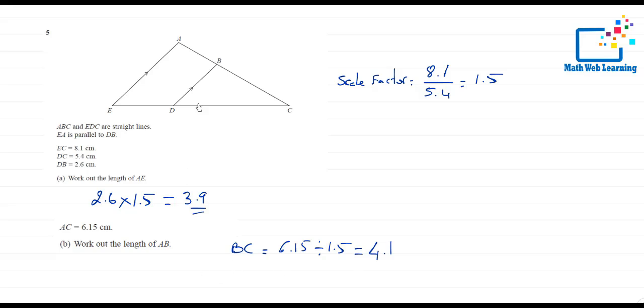And therefore, the length of the side A to B, the one that I'm asking us to calculate, is going to be the longer one, A to C, which is 6.15, minus B to C, which we just calculated, 4.1. Let's do that.